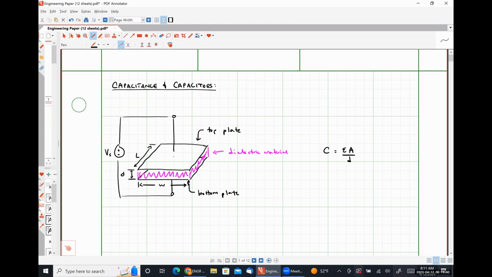This voltage source is going to be able to put some positive charge, let me draw it as a circle, on the top plate, which I'm going to call Q plus, and it's going to cause some negative charge Q minus to appear on the bottom plate.